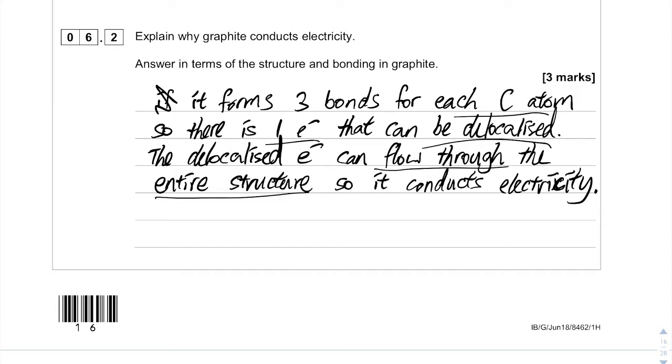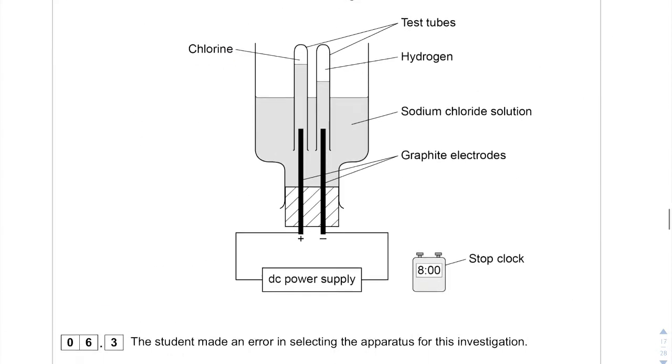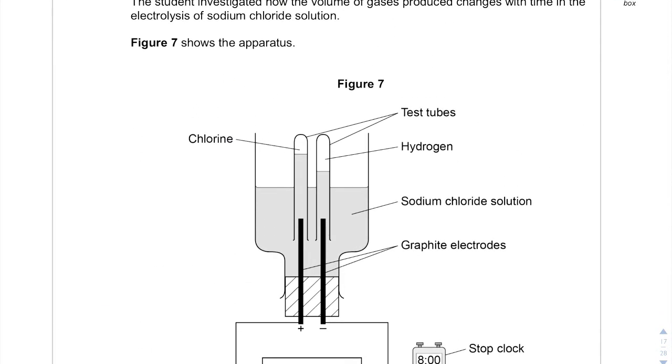Instead of the electron going in this direction through the graphite layers, it's trying to get at the electron flowing across layers. That's just how they want you to answer things. It's just, again, phrasing, unnecessary fuss that examiners enjoy.